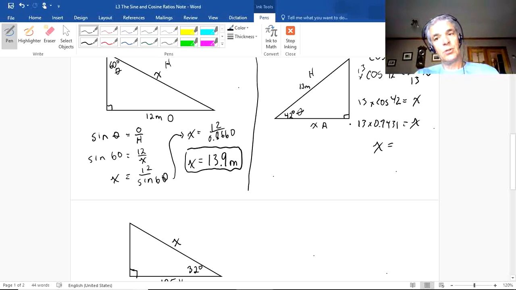I can also just do 13 times, and if I have a scientific calculator, cos 42, because the calculator is just going to do the lookup for me. When I went to that other page and looked up the number, the calculator just does it for you. It's just kind of cool, right? And I say equals, and I get the answer of 9.66. So if I round that off, it's going to be 9.7.